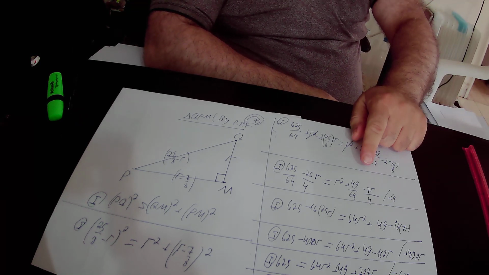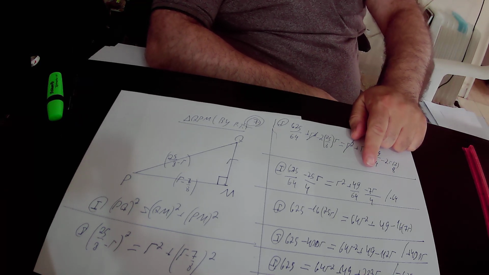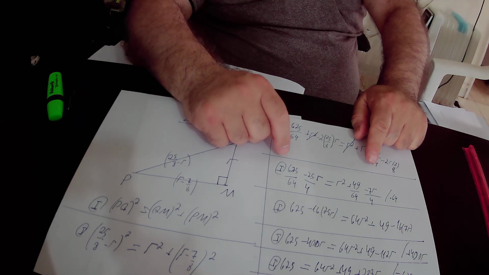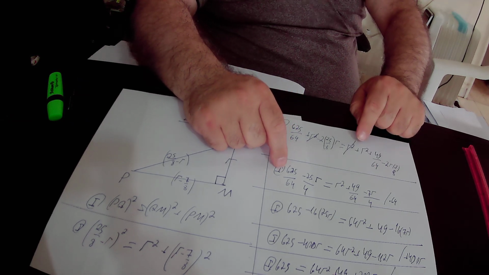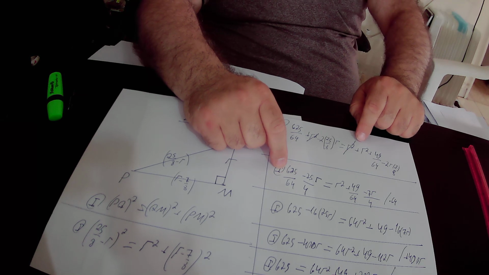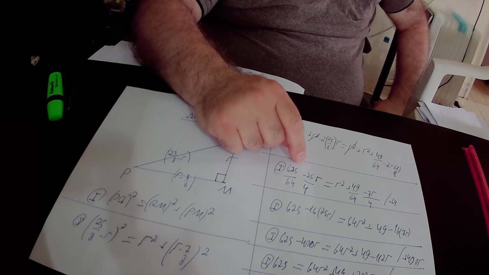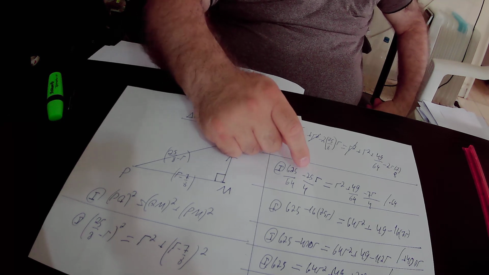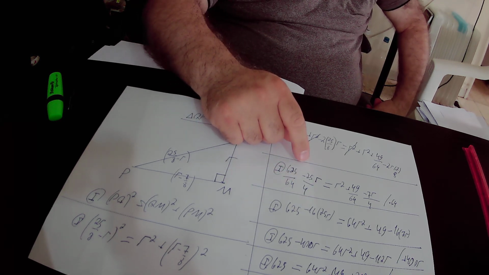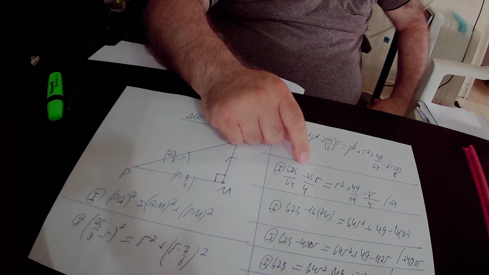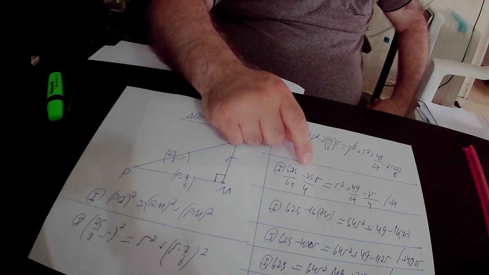Then we multiply this equation number 1 by 64. So here 64 over 64 is 1, so we are left only with 625. And we have here minus 64 over 4, which is minus 16. So in conclusion, in total this expression equals minus 16 times 25R.